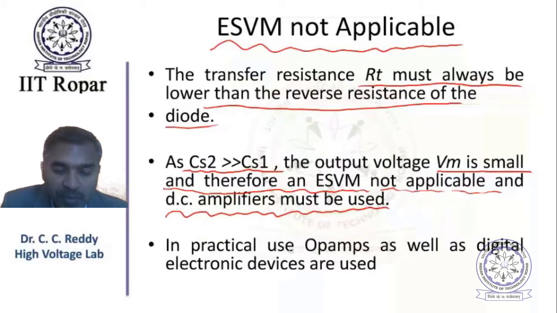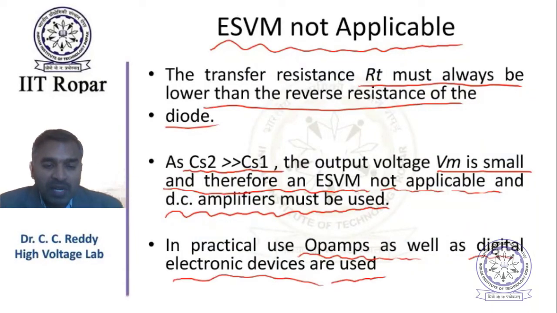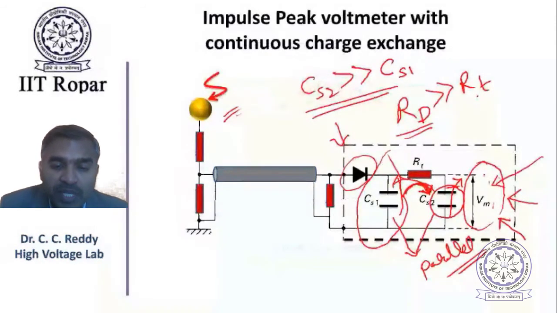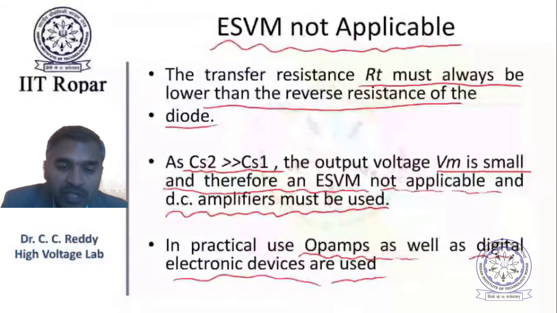In practice, op amps as well as digital electronic devices are used to amplify the small voltage occurring here. So remember, this is an impulse peak voltmeter. It is not a complete impulse waveform measurement. That we will cover after some time. So this is about the ESVM not being applicable for this purpose.